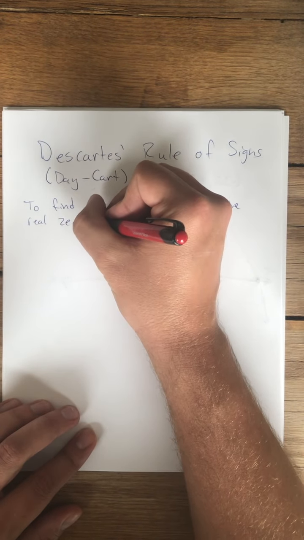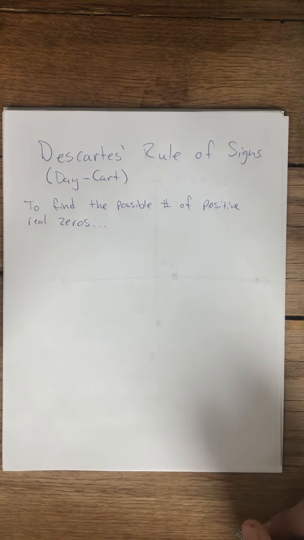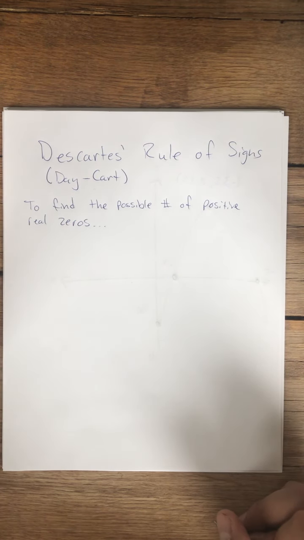Okay, so the first half of this is we're going to find the possible number of positive real zeros. So this isn't telling us what those zeros might be. This is telling us how many to look for.